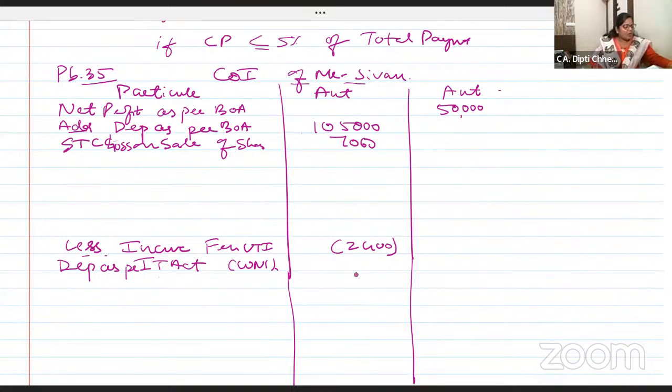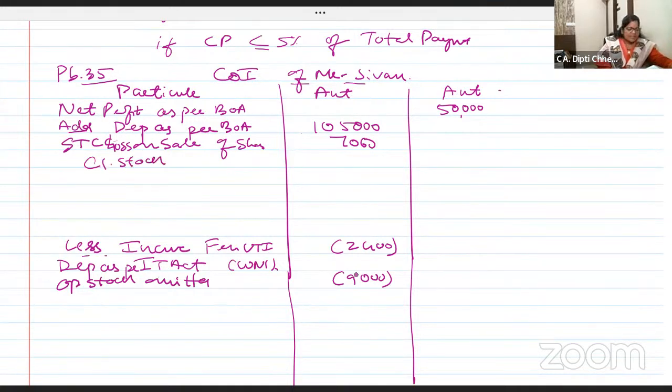Now it was found that opening stock was omitted. So if you add 9,000 in opening stock, your profit will reduce. Closing stock omitted. If you add 18,000 in closing stock, your GP and net profit will increase.